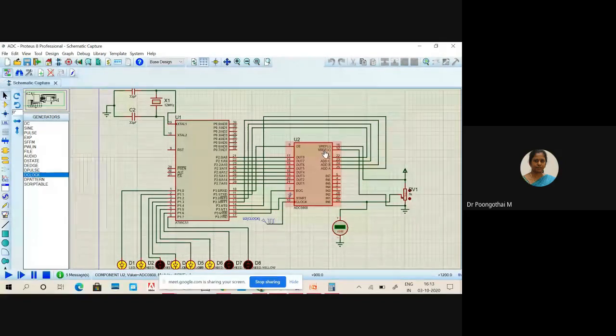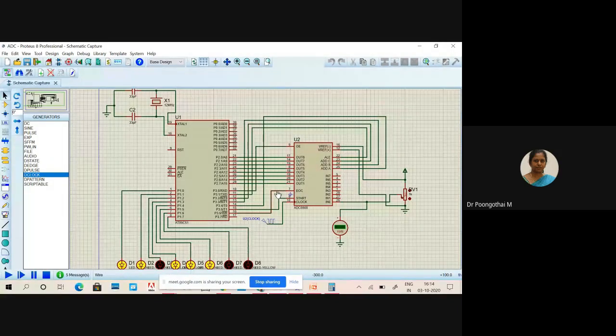Okay, and address selection can be done by using add C, B, and A. Add A is connected to P3.4, add B is connected to P3.3, and add C is connected to P3.2. Okay. And the next important signals are start conversion, end of conversion, and output enable.